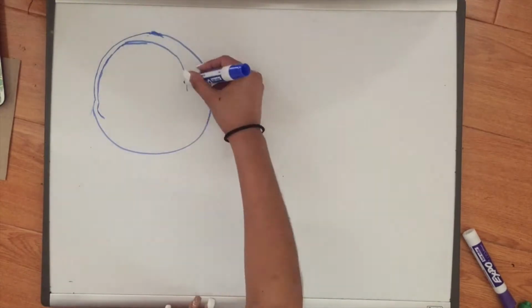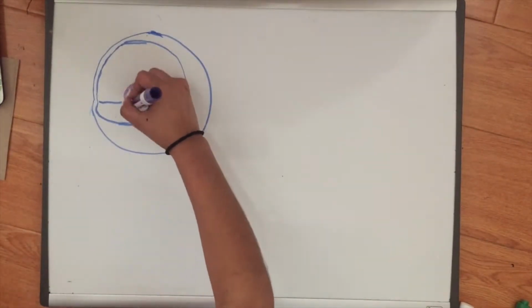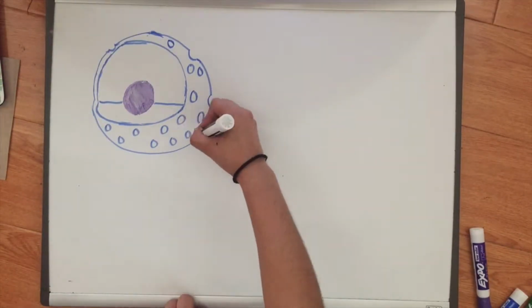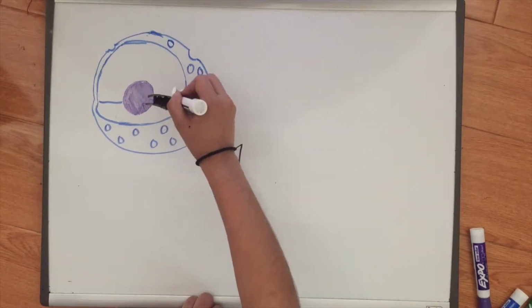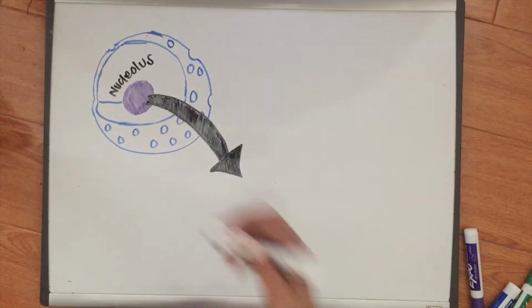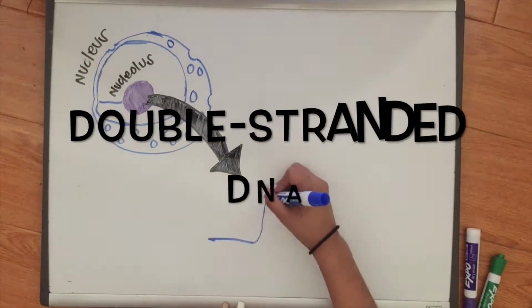The nucleus of a eukaryote is like the control station of any operation. It coordinates the cell's activities, which include growth, intermediary metabolism, protein synthesis, and reproduction, which is cell division. In the nucleus of a eukaryote, it's important to remember that the DNA it stores is double-stranded.